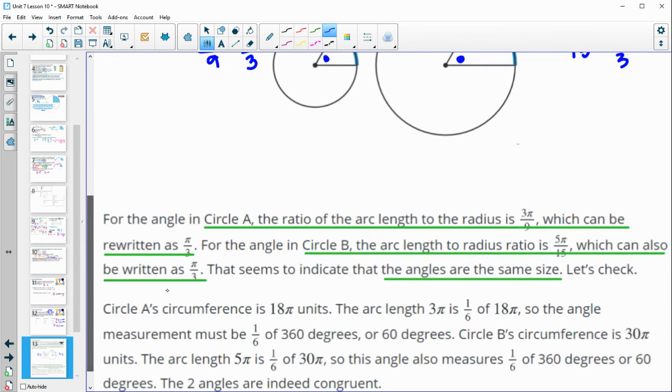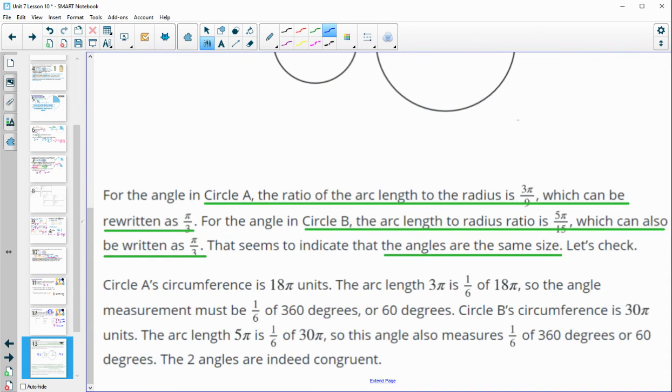That's what they put in this second paragraph: comparing arc length to central angle helps you determine the central angle and compare the size.